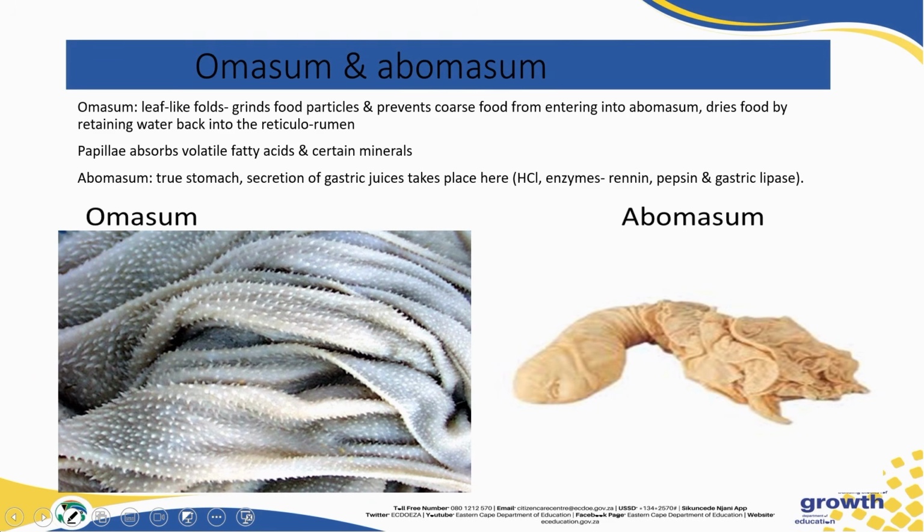Okay, the first two compartments are the rumen and reticulum, and I combined them as they perform more or less the same function. The animal regurgitates the food back into the mouth during the process called rumination.